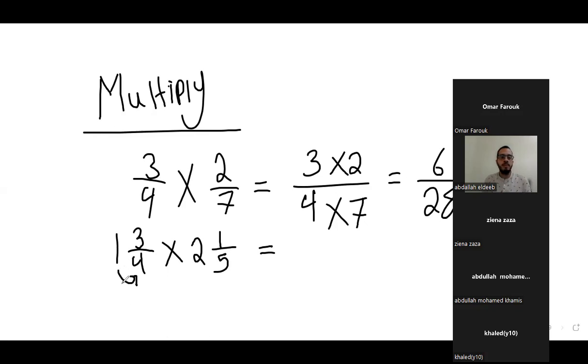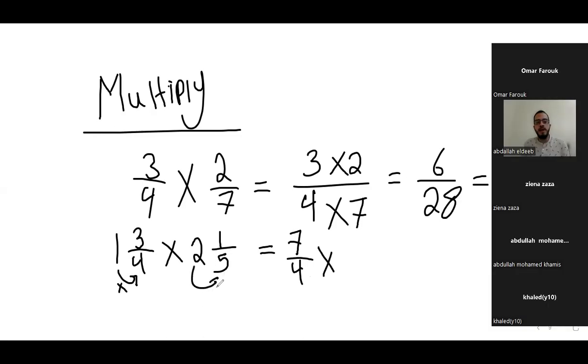This one is 1 multiply 4 is 4. 4 plus 3, 7 over 4 times 1 multiply 2 multiply 5, 10 plus 1, 11.